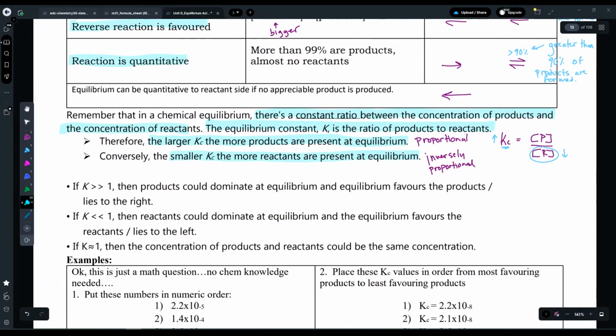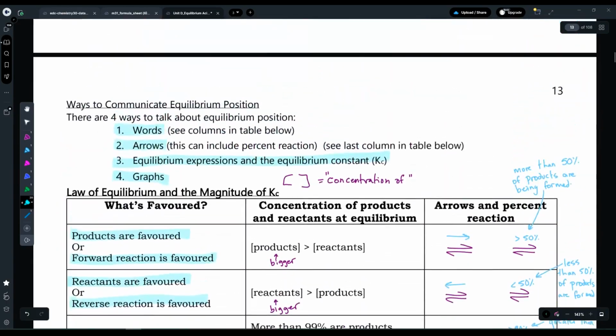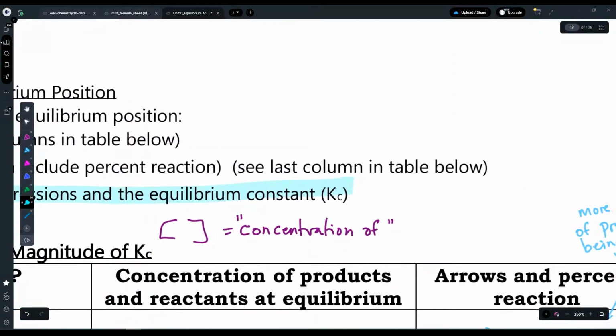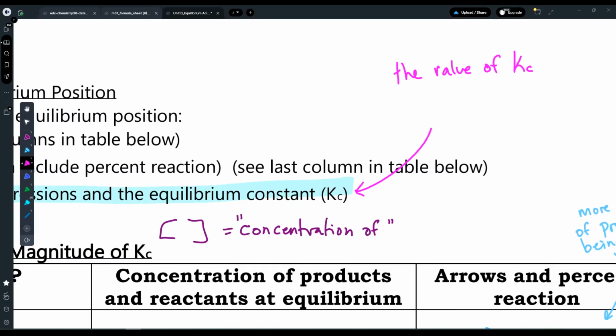All right, so let's talk about some values so you can figure out when products are favored versus when reactants are favored just by looking at your equilibrium constant. I'm going to make an additional note here, just to capture what we're talking about. The value of your equilibrium constant tells you whether reactants or products are favored.